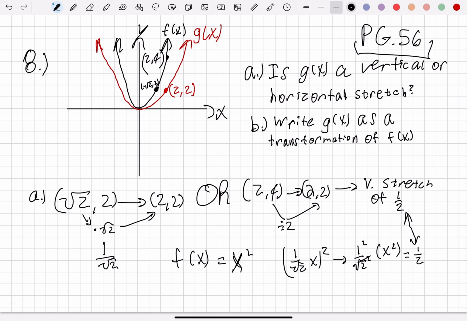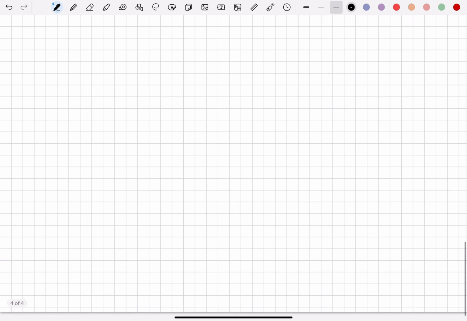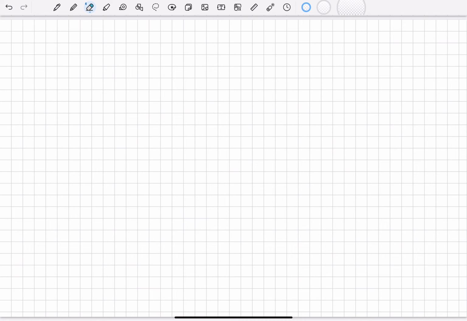The reason why is because in a parabola, whether something is immediately in front of the variable or it's taken out and squared is the same thing in this case. In other words, it can be both a horizontal and a vertical stretch by different factors.